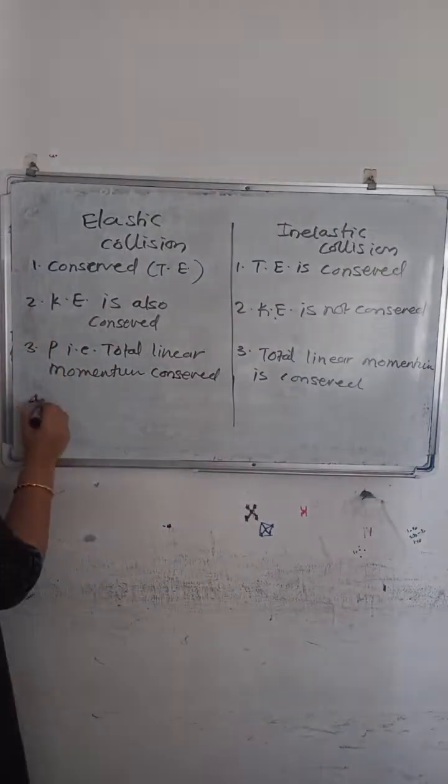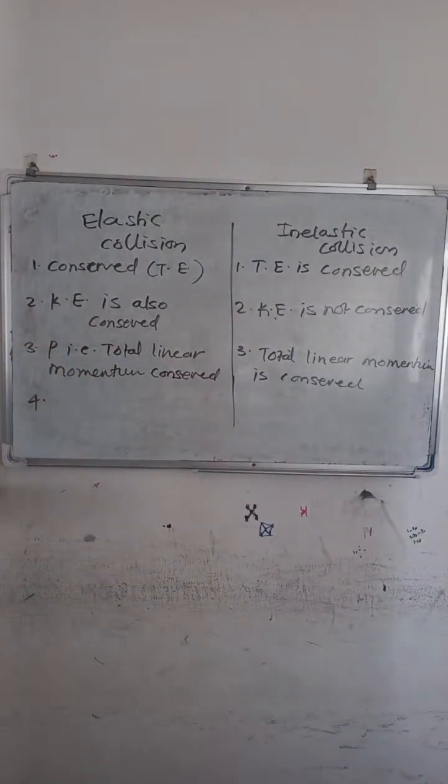Very important. Then the last point: in elastic collision, dissipative forces are not involved, and in inelastic collision dissipative forces are involved. So these are the differentiating points for elastic and inelastic collision. In both cases total energy is conserved. Kinetic energy is conserved only in elastic collision, and it is not conserved in inelastic collision.